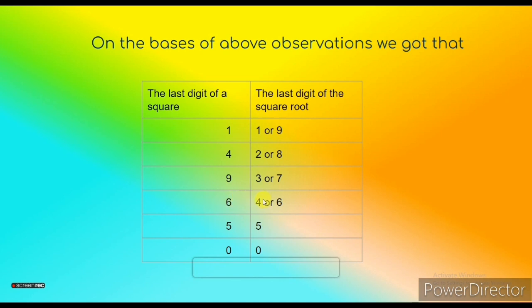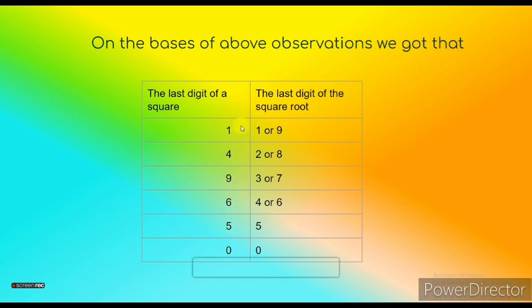If the last digit of the square is 6, the last digit of the square root will be 6 or 4. If the last digit of the square is 5, the last digit of the square root will be 5. And if the last digit of the square is 0, the last digit of the square root will be 0 only.